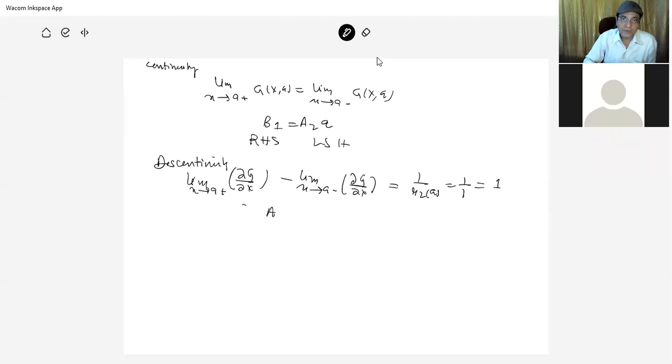So this one is 0 minus a2 is equal to 1. So a2 is equal to 1.